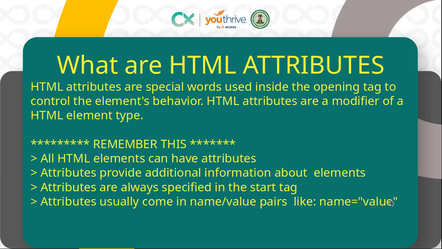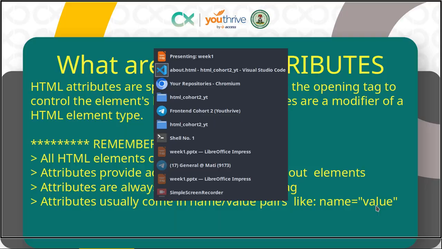So my network is fluctuating. So it comes with the name and value pair. In the example that we just used now, you see that target is the name of the attribute, then the value of that target attribute is what? Underscore blank. So let me show you again.